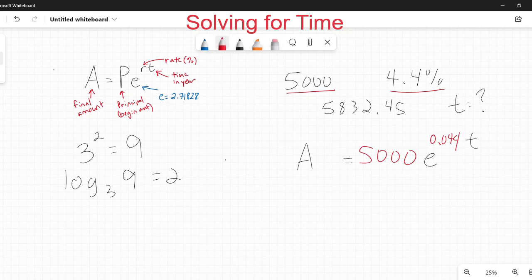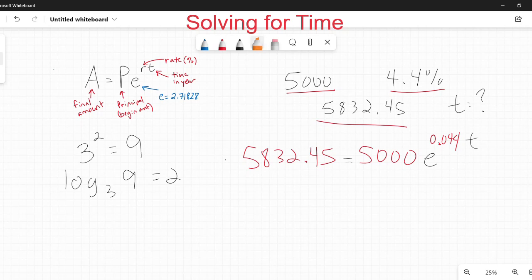I'm going to write it there for the rate, and I make sure to write it as a decimal, 0.044. And then I'm told that at the end of this unspecified time, I had this amount of money, so that's going to be my final amount of $5,832.45.